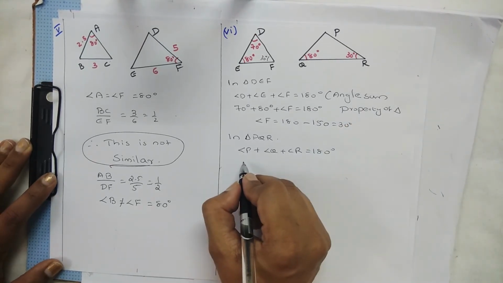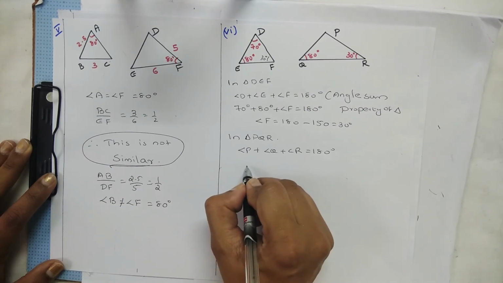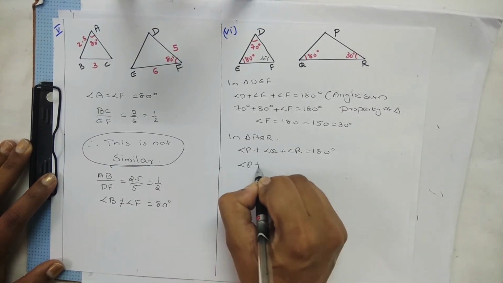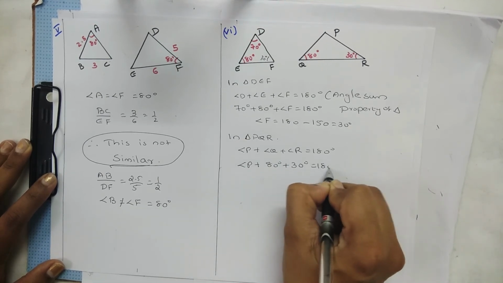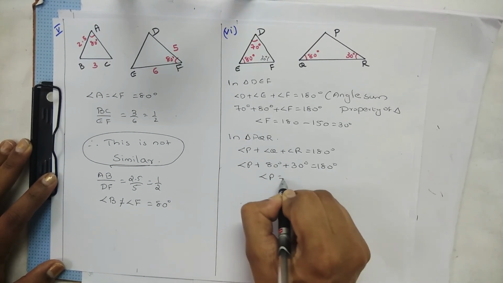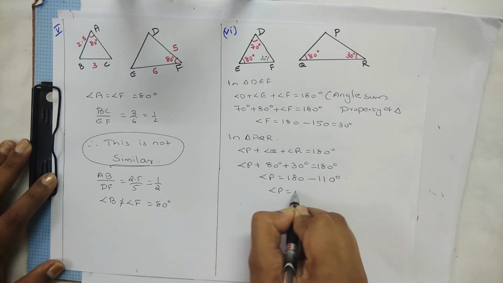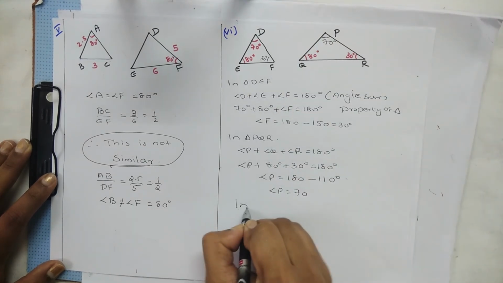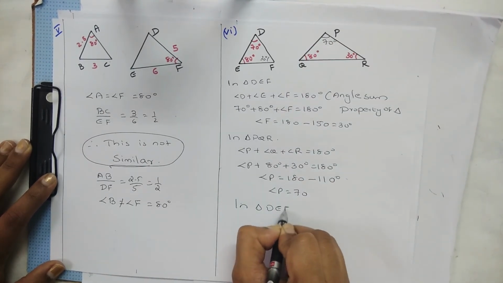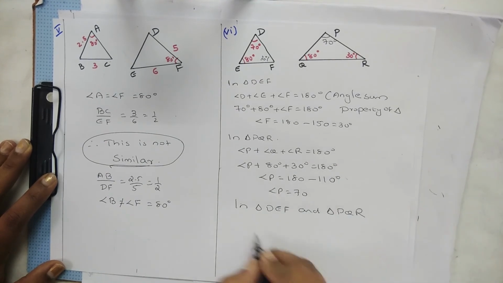Okay. Now angle P is not given. So angle P plus 80 plus 30 is equal to 180 degree. That means angle P is equal to 180 minus 110. So angle P is equal to 70 degree. So in triangle DEF and triangle PQR, what you are getting?